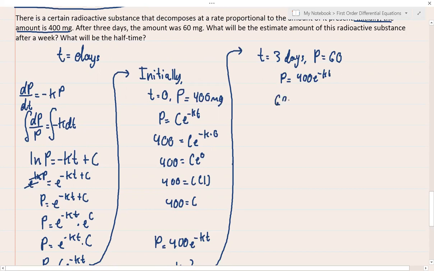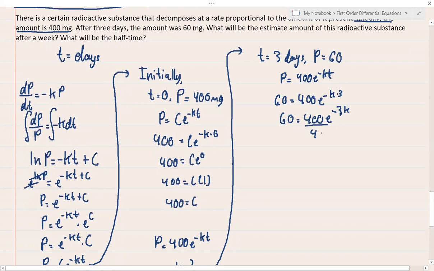In here, we have 60 is equal to 400 e raised to negative k times t. Wait lang, 3 pala to, hindi 60. Sorry. So, magiging 60 is equal to 400 times e raised to negative 3k.